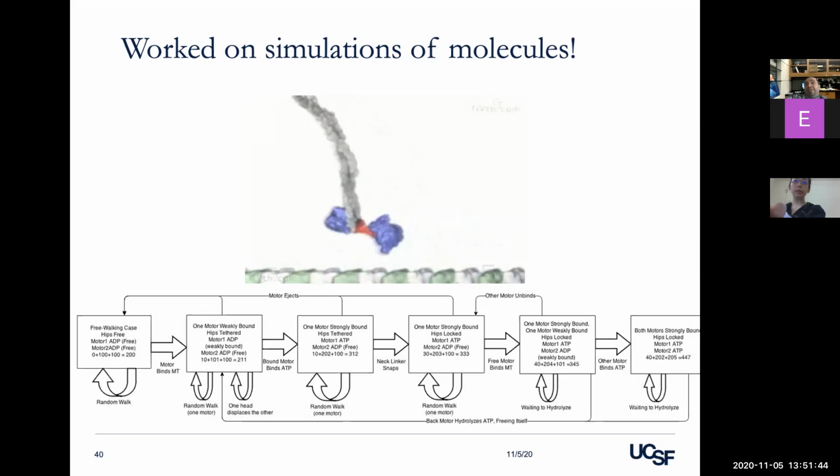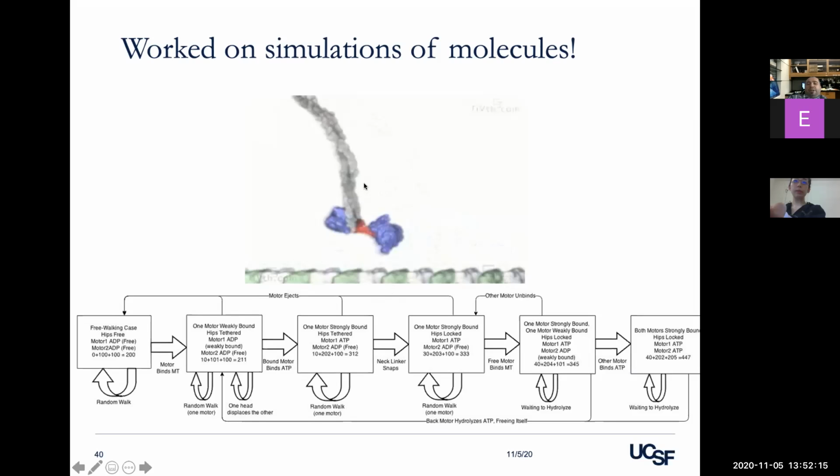So we basically took how this motor protein works and divided it into various steps. So for example, sometimes it's just free walking in the cytoplasm. Sometimes one motor binds weakly. And once that motor binds ATP, it binds very strongly.